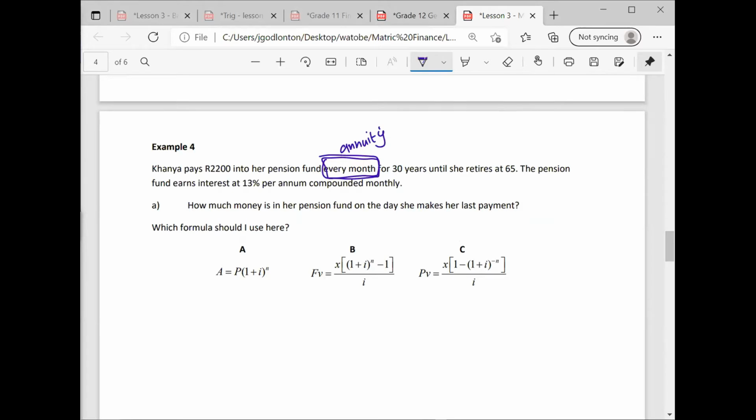And so we're going to be dealing with a future value annuity, which is what we dealt with in our last lesson. So everyone should be able to work this one out. Can you please find my future value of what's going to be in her pension fund at the end of these 30 years?